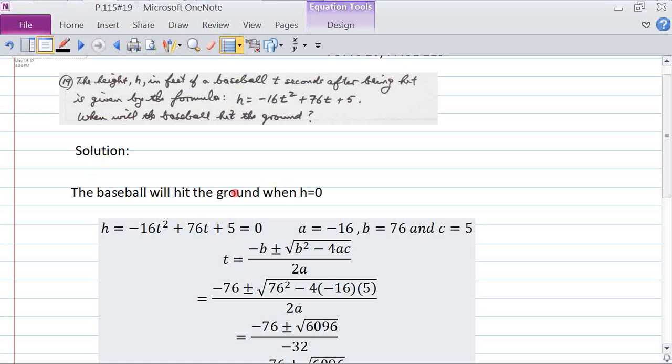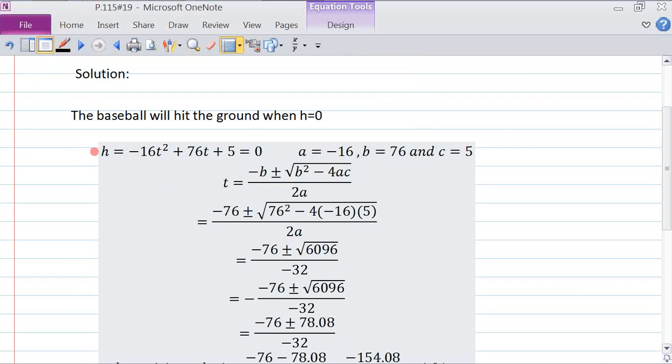Well, here the key thing to realize: a baseball hits the ground when h equals 0. So what we need to do is set this equal to 0 and solve for the values of t, because t is the time. So we make h, the quadratic, equal 0.